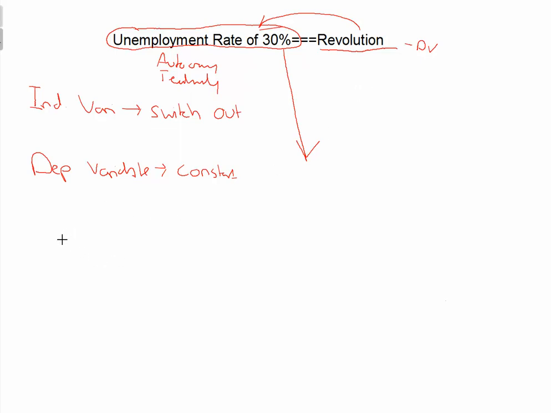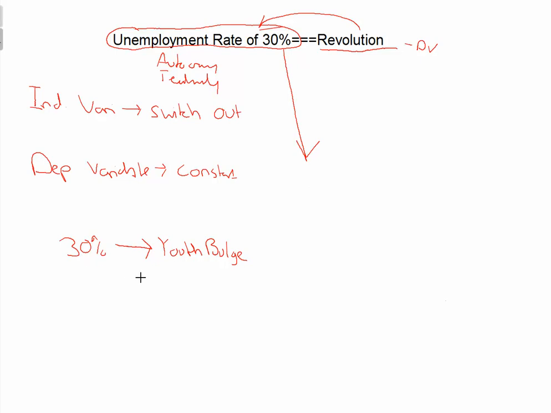So you say, unemployment rate of 30% plus a youth bulge, and that was one of the factors that led to the Arab Spring, is that you had a higher concentration of men, born 25 years ago, and that led to pressures on the employment rate, pressures on the economy that the Mubarak government couldn't solve.